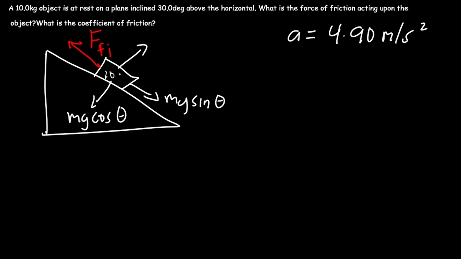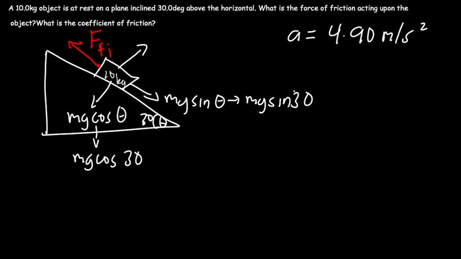So we have a 10 kilograms object, no? And we have again a theta here, which is 30 degrees. So therefore, mg cosine 30 and mg sine 30.